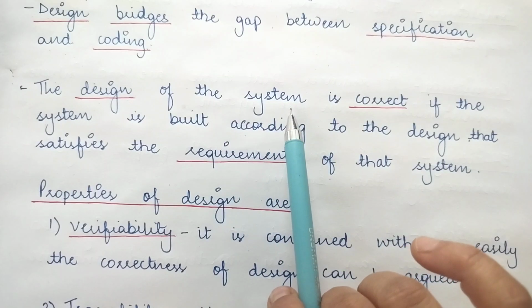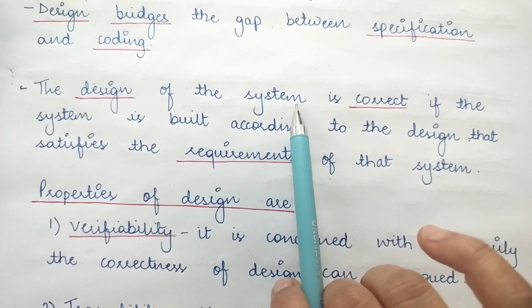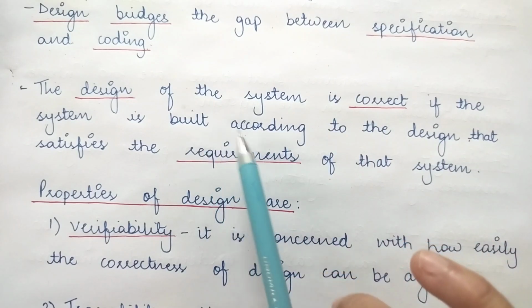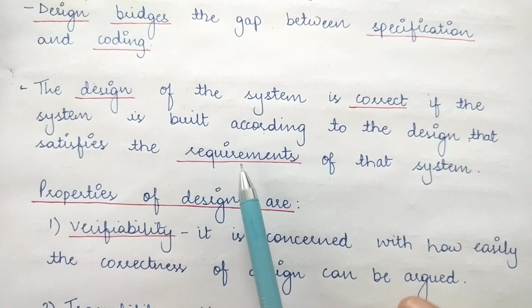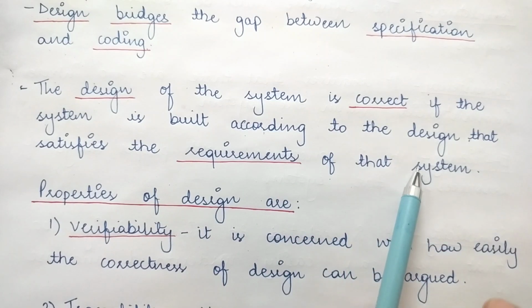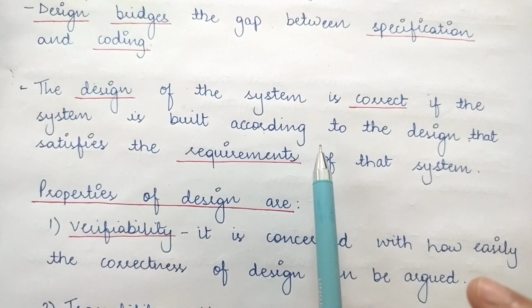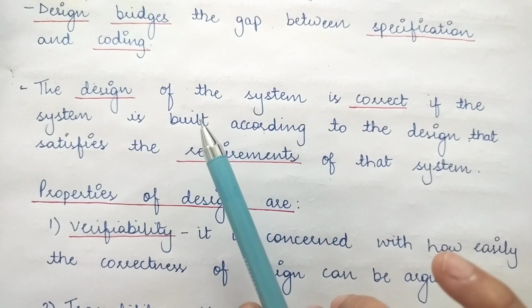The design of the system, or information system in this case, is correct if the system is built according to the design that satisfies the requirements of the system. Before the coding starts, the system is designed.